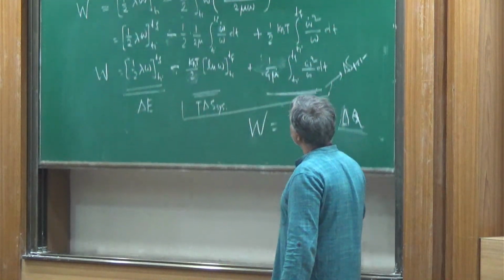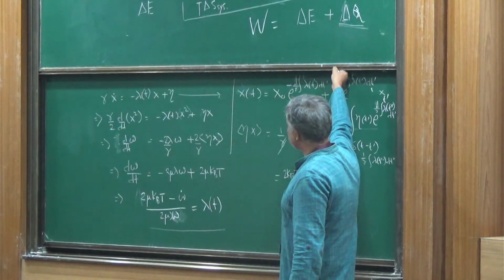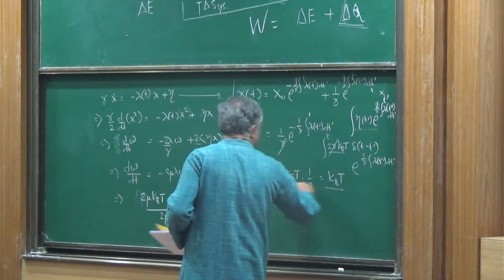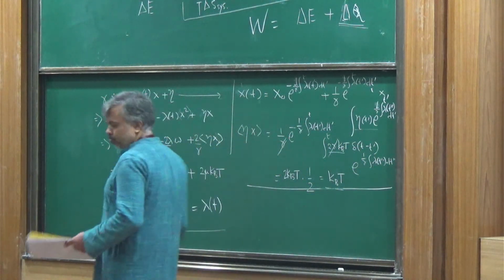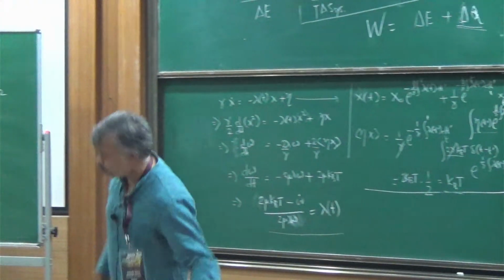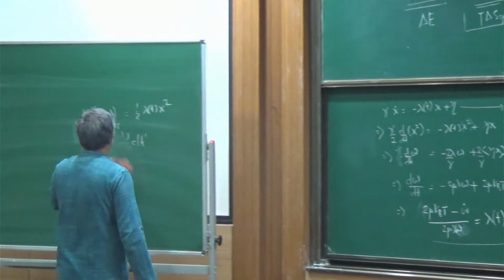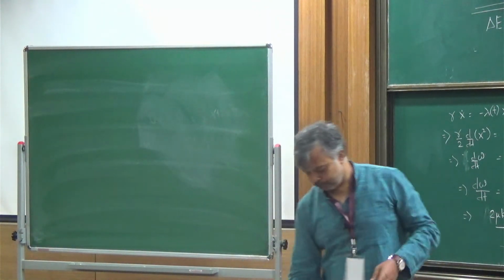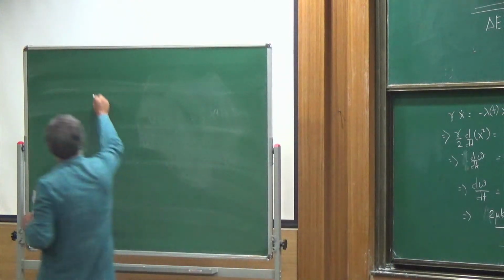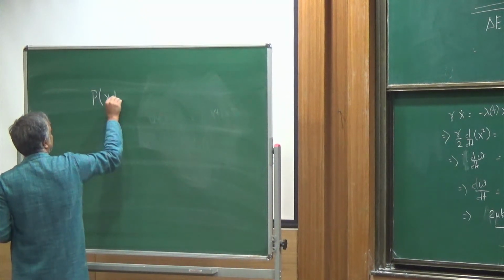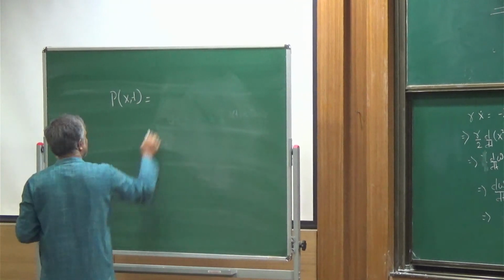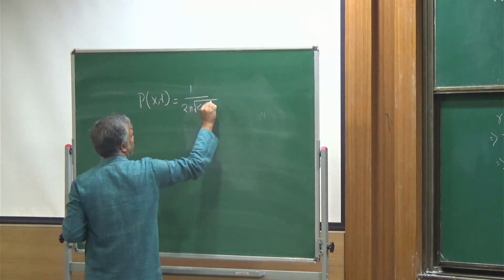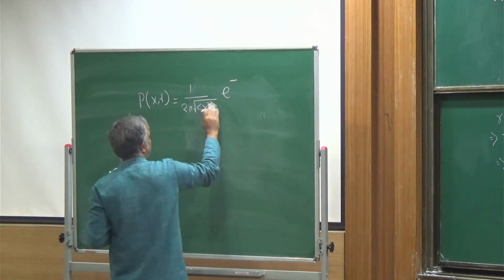Why is this the system entropy? This is Gaussian. So P of x, t is in general, we know, 2 pi, and this is my omega.